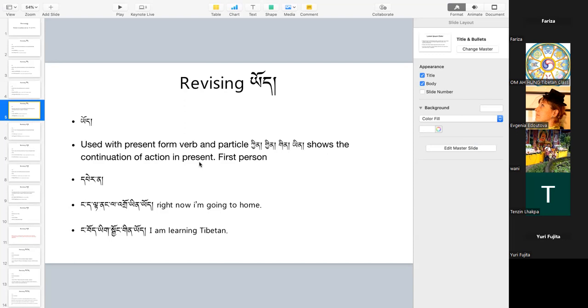Something you're continuously doing right now. Something that you might not be doing right now, but you did before, and you will be doing it tomorrow. So in the perfect tense. So kin, yin.